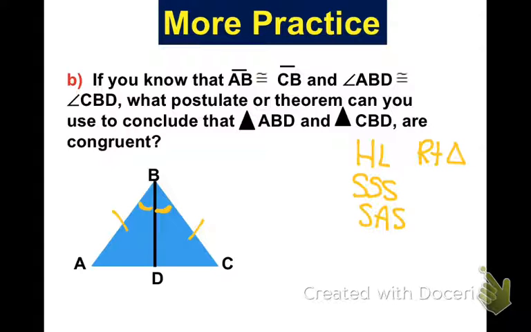Well, I'm going to say it's not going to be side, side, side because we have a side and an angle. And although we could have a right triangle, I would say by reflexive property, this would be our second side. So the best answer for this one is side angle side.